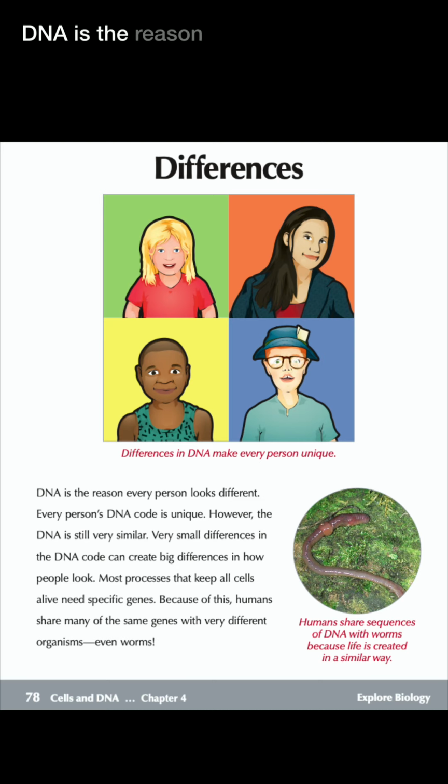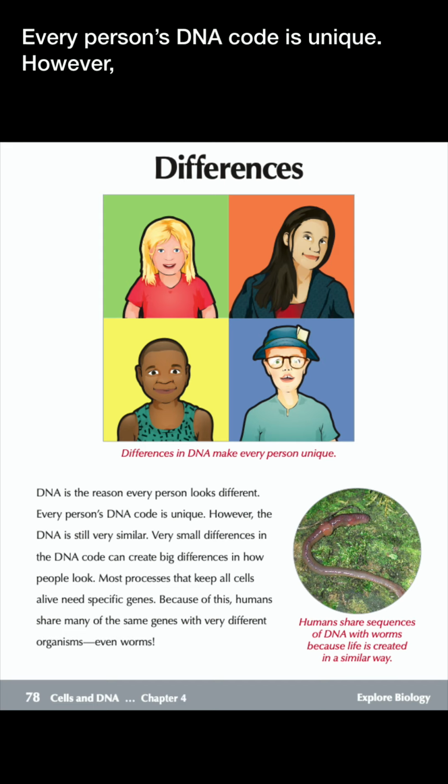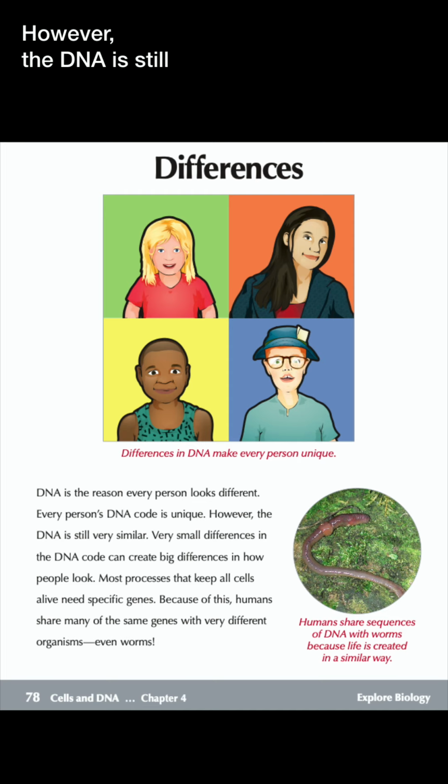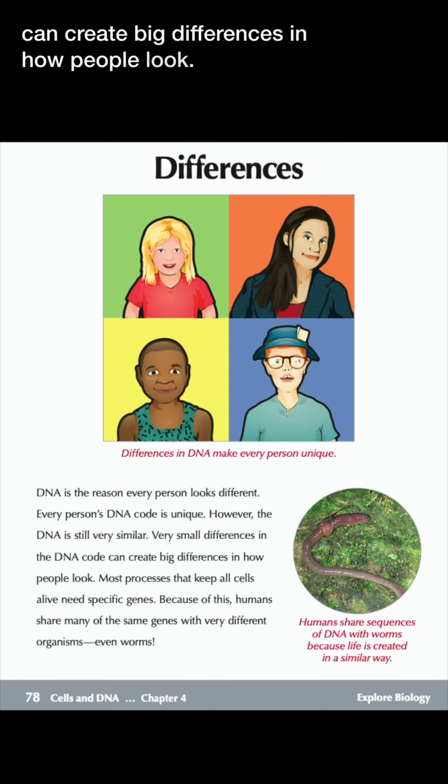DNA is the reason every person looks different. Every person's DNA code is unique. However, the DNA is still very similar. Very small differences in the DNA code can create big differences in how people look.